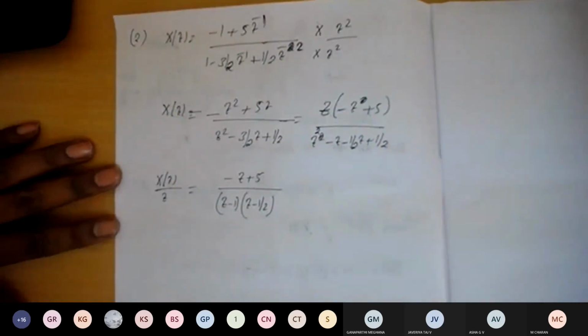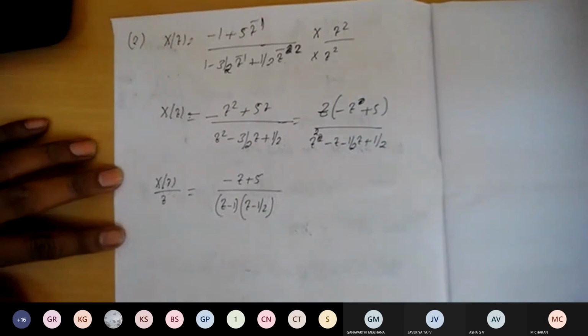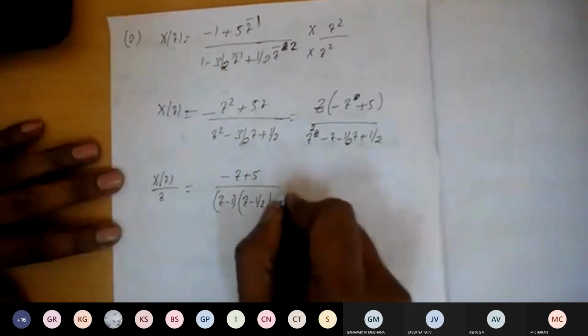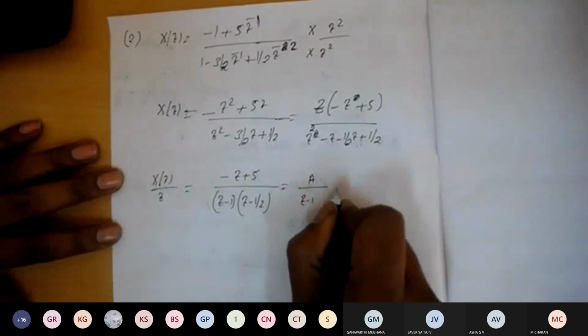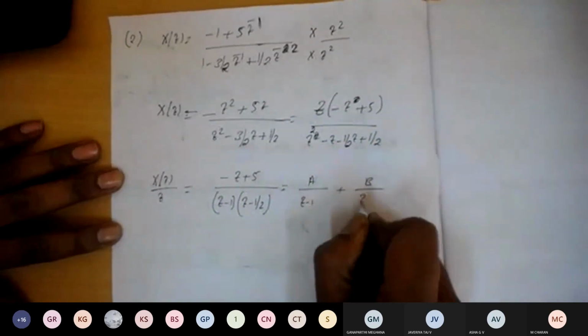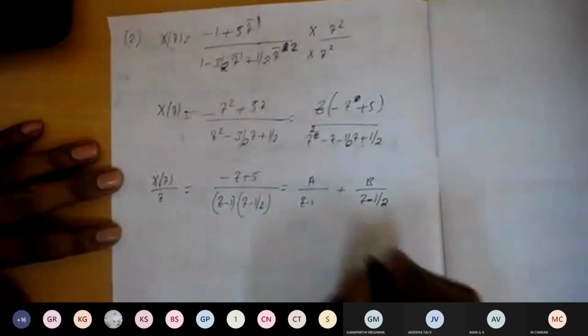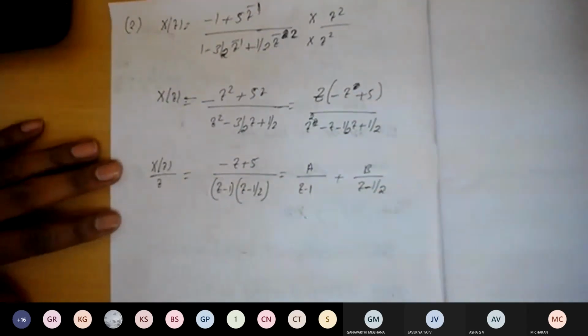You know how to convert the quadratic expression into a product of sums. Now, by using the partial fraction expansion, we can write it as A divided by (z minus 1) plus B divided by (z minus 1 by 2).